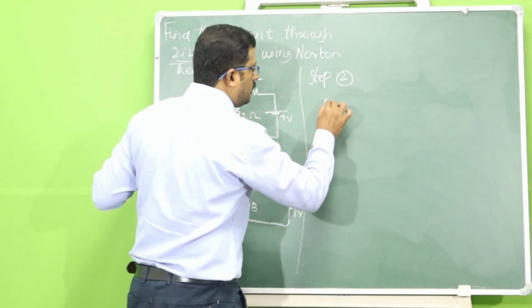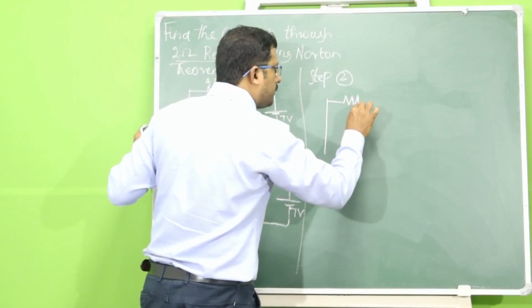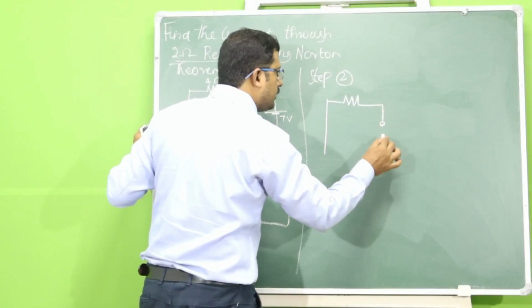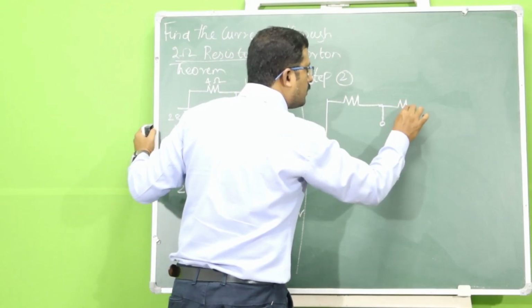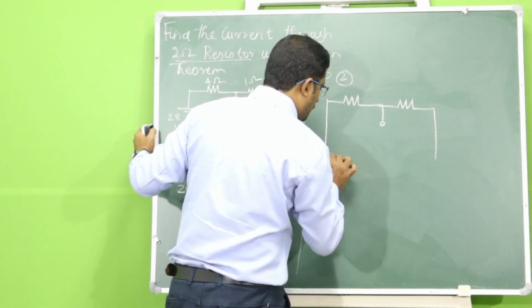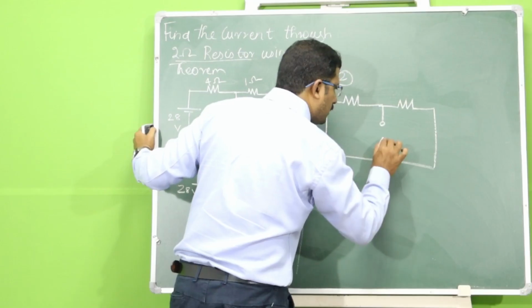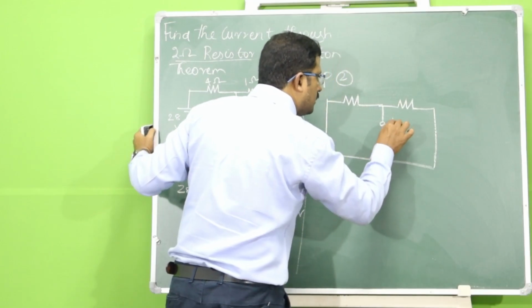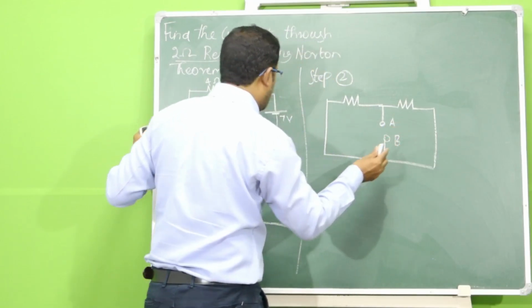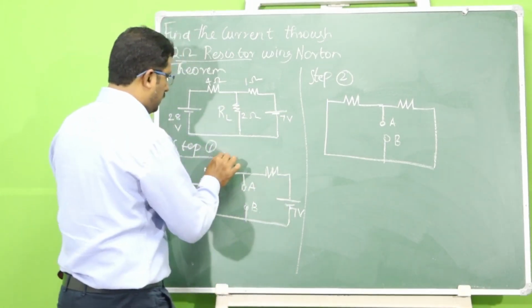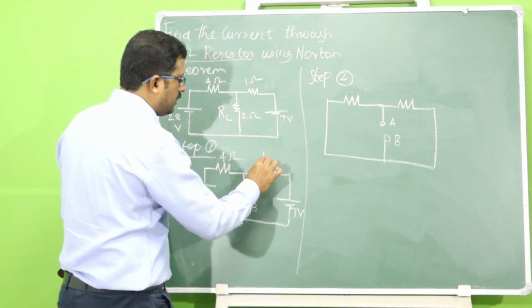So they are short circuited here. This is A and B, and we have 2 resistors, one is 4 ohm and the second is 1 ohm.